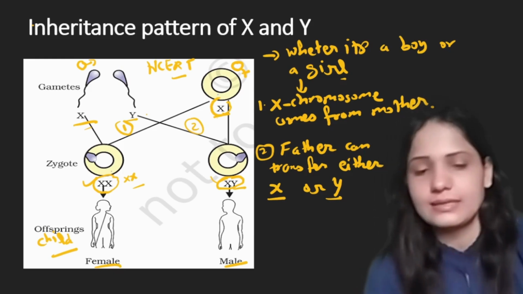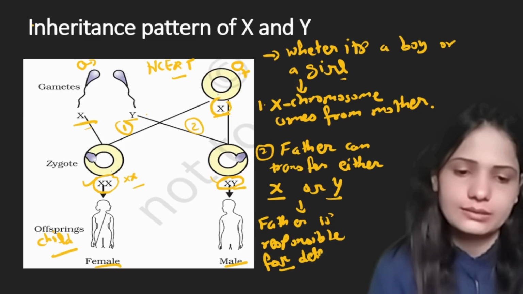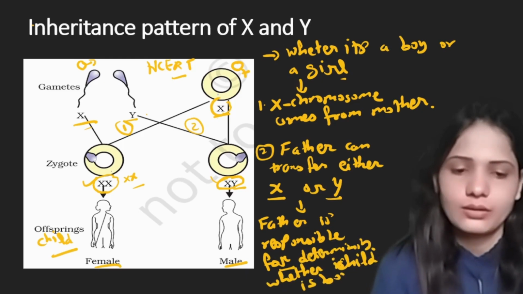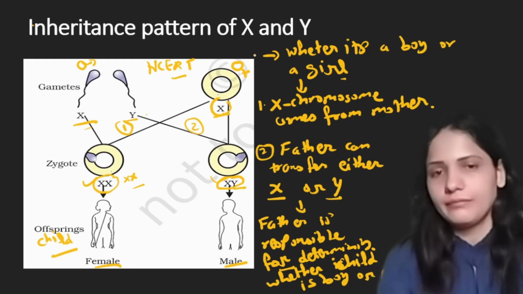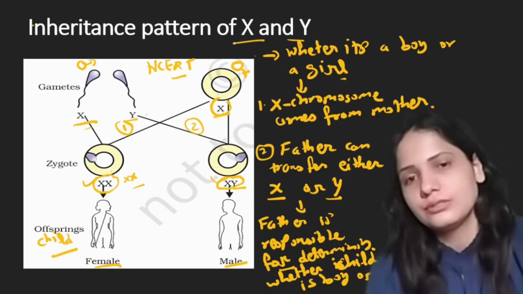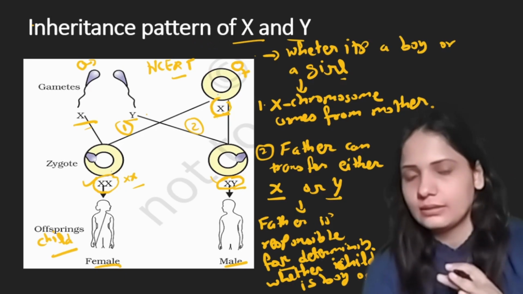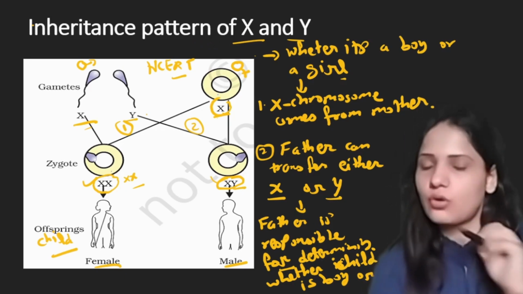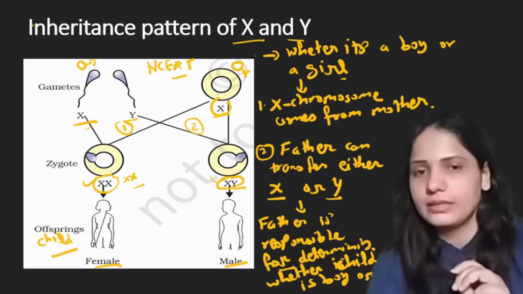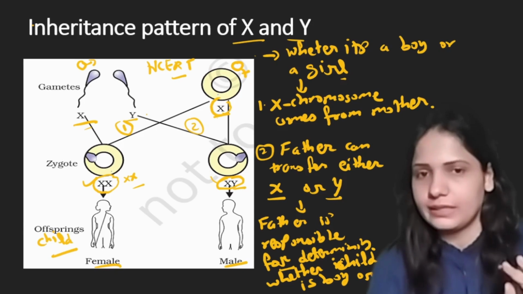So we can say that father is responsible for determining whether child is boy or girl. Now we know how the X and Y are inherited by the offspring. X always comes from mother, and the second X or Y comes from father. So father is responsible for determining the sex of the newborn, the sex of offspring.